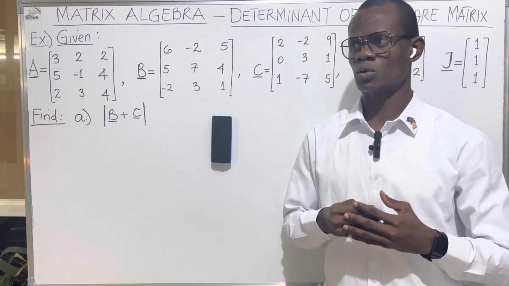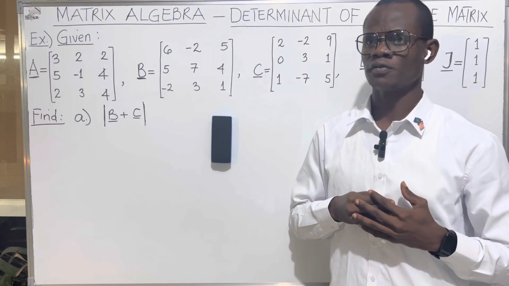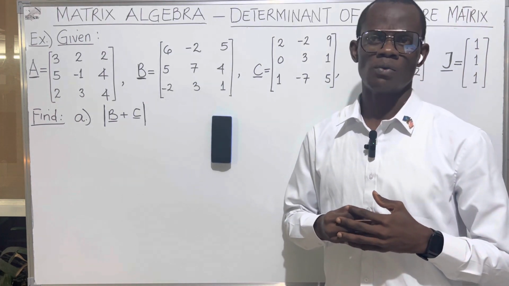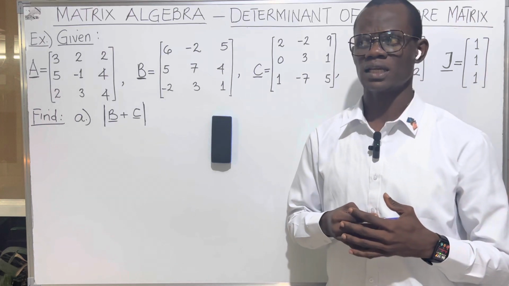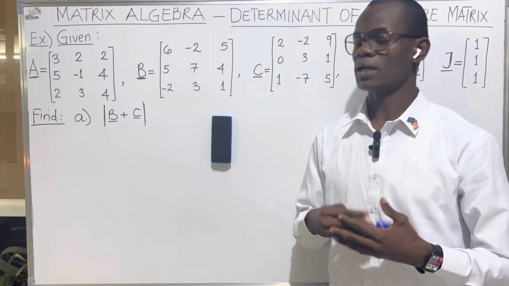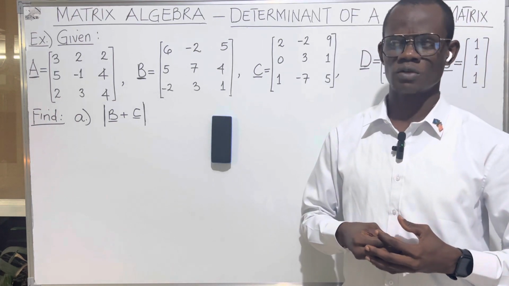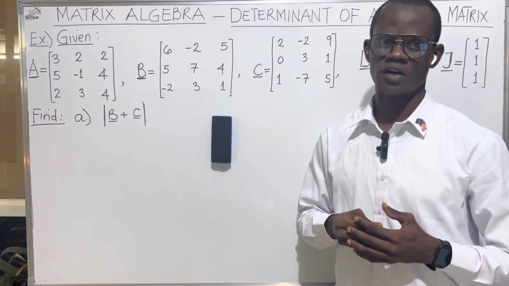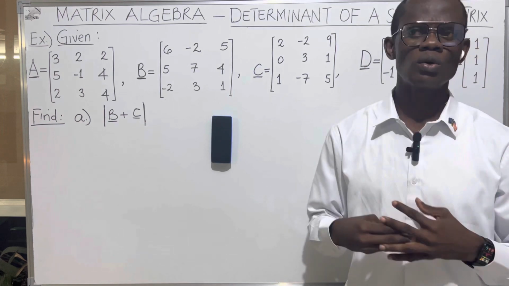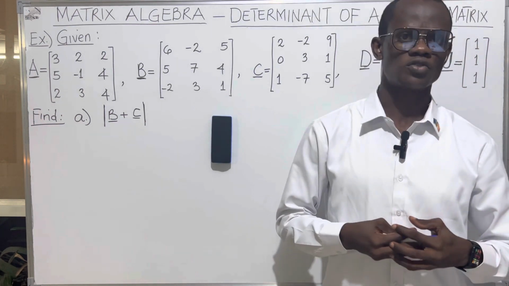In the past, it was impossible to find determinants of rectangular matrices like a 3x4 matrix, a 2x3 matrix, and so forth. But now, yes, it's possible. If you check my other videos, you will see how we find determinants of non-square matrices. But in this problem, we want to look at how we can easily find determinants of square matrices.